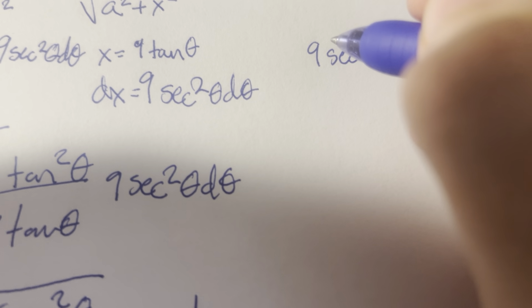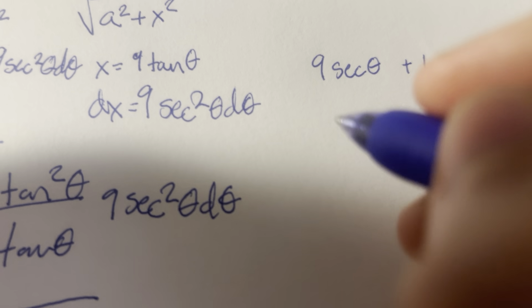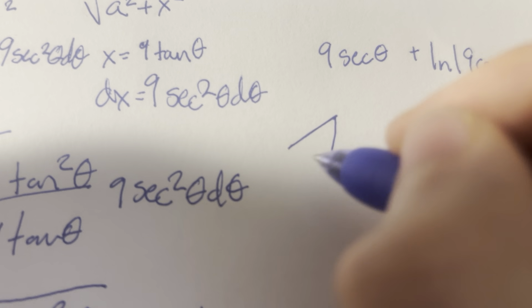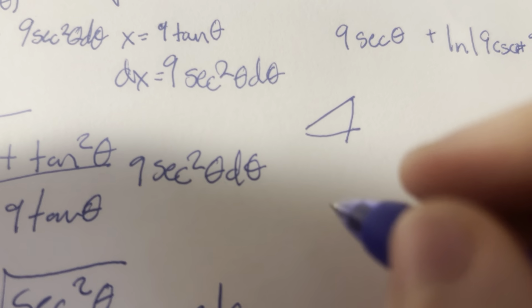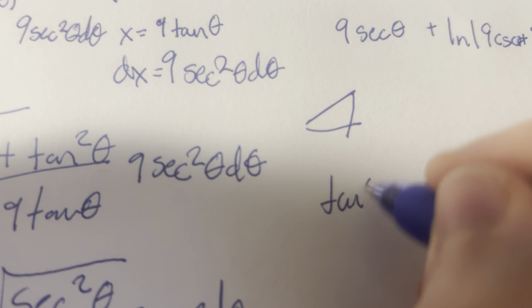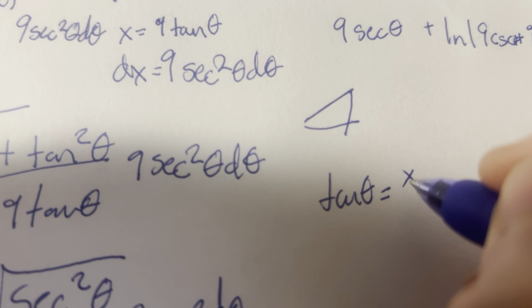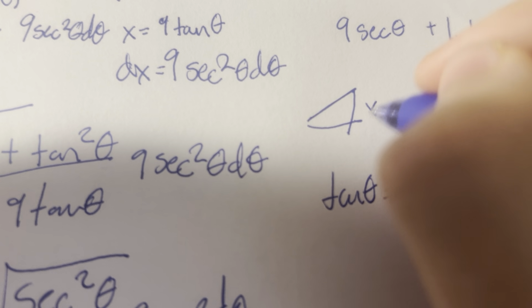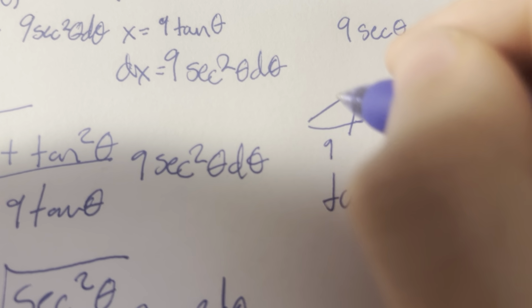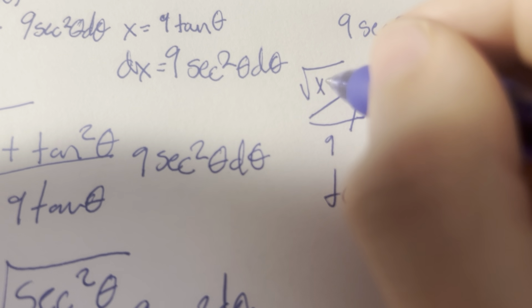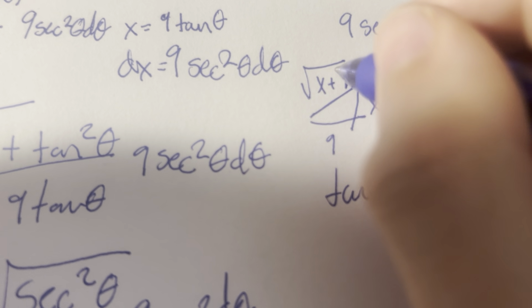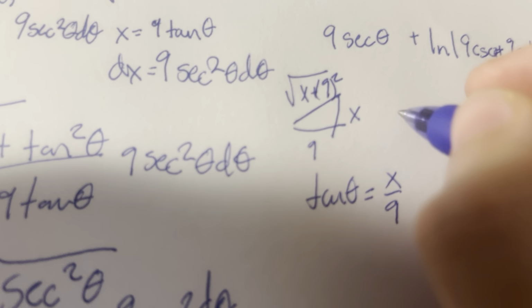Now then, we can create a relationship between the substitution. So tan theta is equal to x over 9. So x would be opposite, 9 would be adjacent, and then the square root of x squared plus 9 squared would be our hypotenuse.